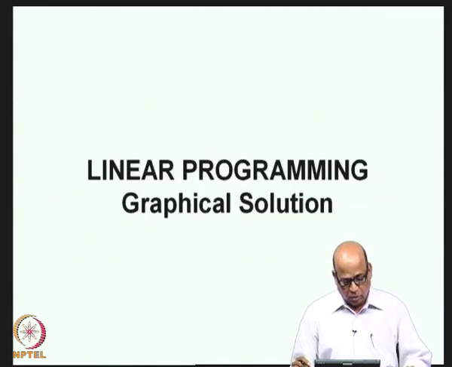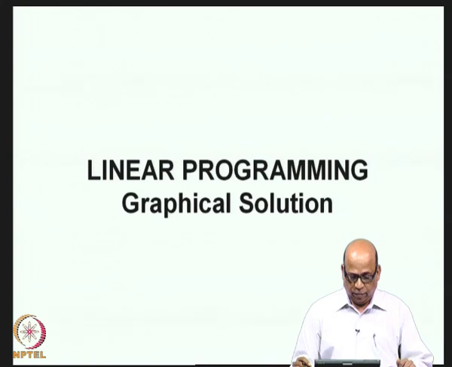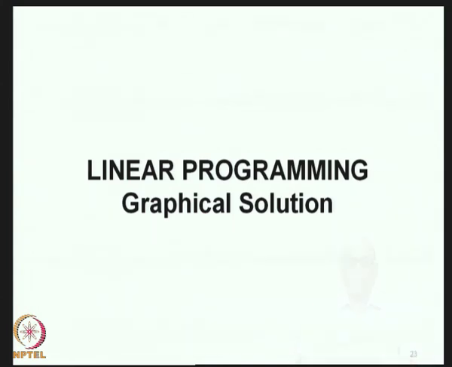Okay, let us look at the simplest form of solution, which in fact provides us with the motivation for the algorithmic way of solutions. Let us say we start with a simple problem.